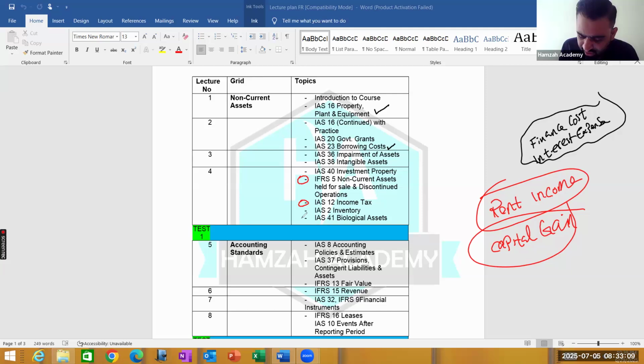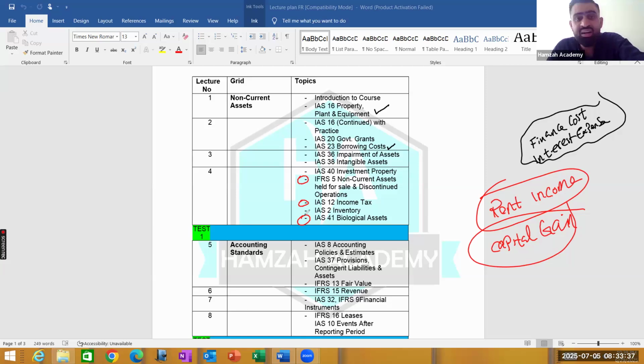Then we have IAS 41, biological assets. Biological assets mean the assets which have a life, the living things. If, for example, we are talking about agriculture-based businesses, the crops and plants are biological assets.